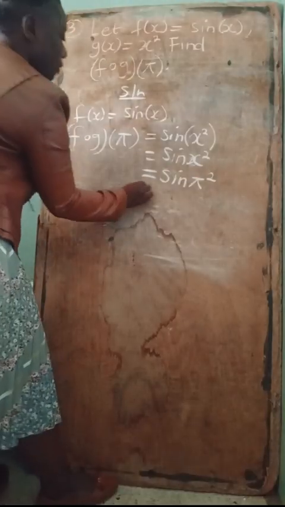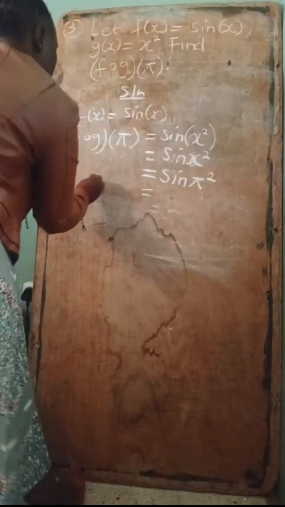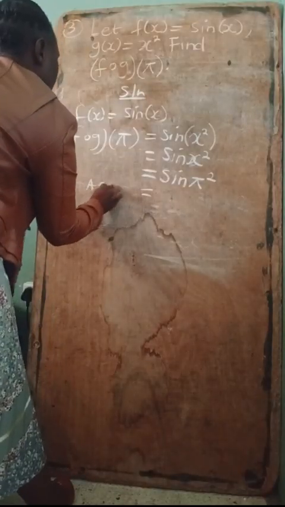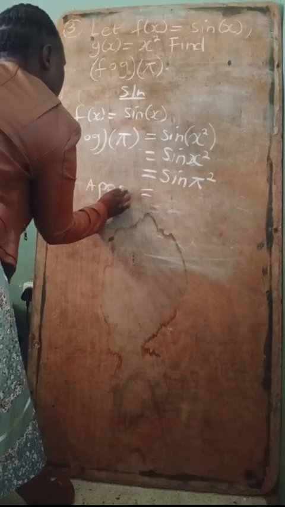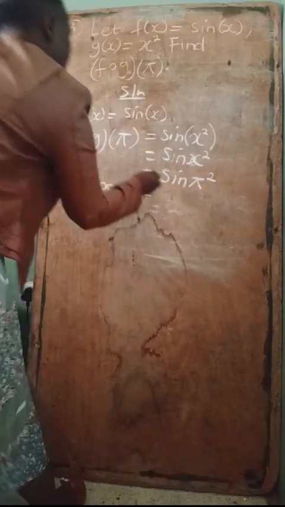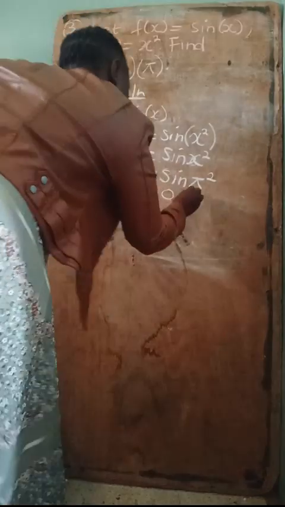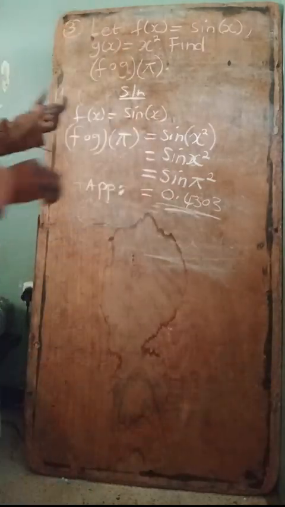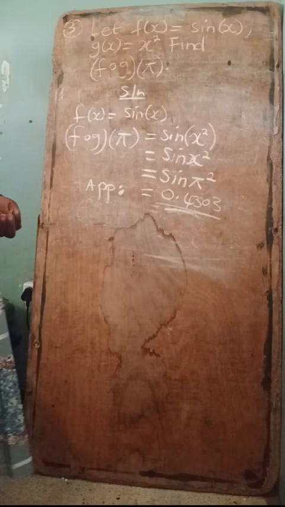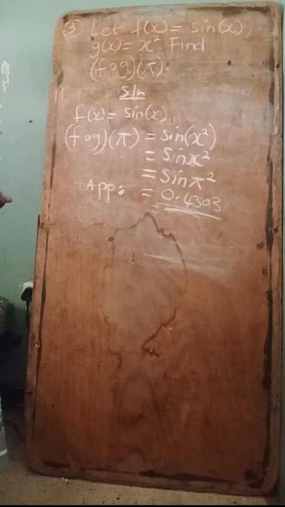So when you simplify this, you are going to find that approximately, after simplifying that, we are going to get 0.4303. So this is the answer that you are going to get.